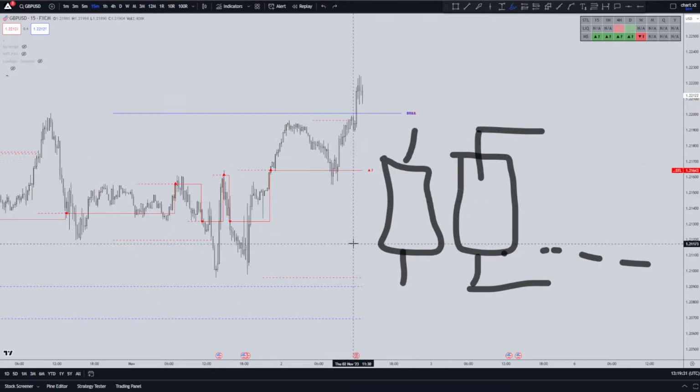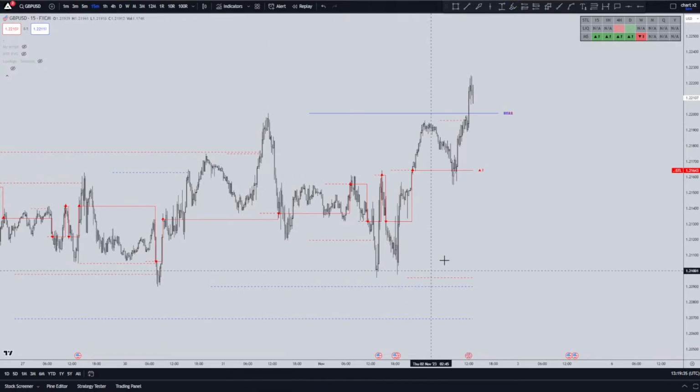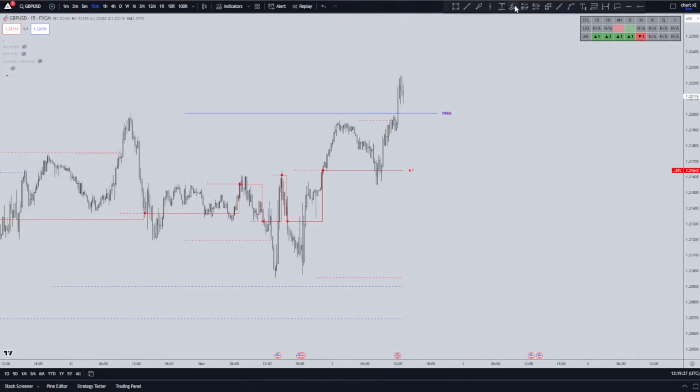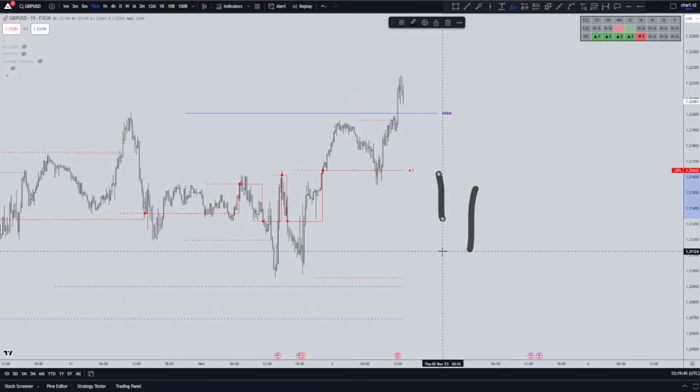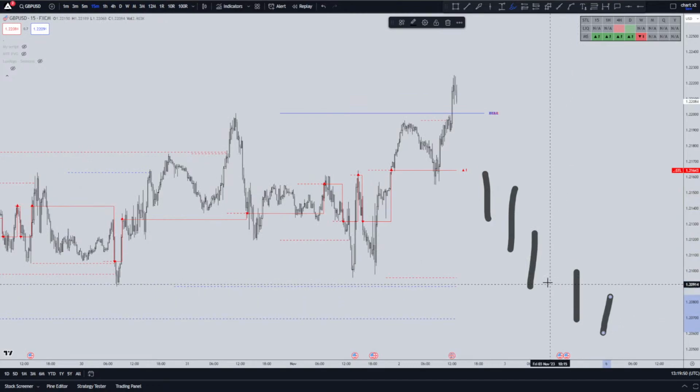And on the structure it's completely the same thing, because key level ranges are just a single candle compared with the previous candle, while multiple candles create the structure.